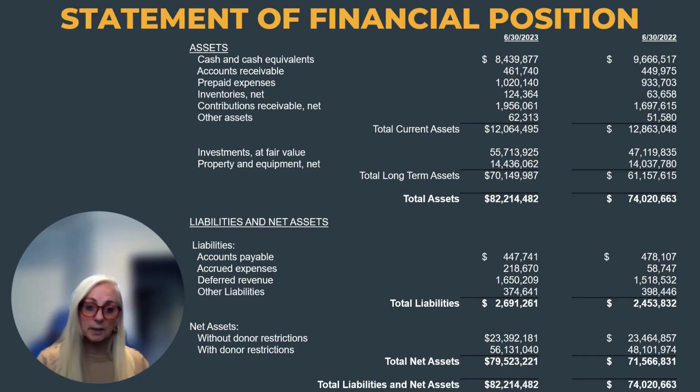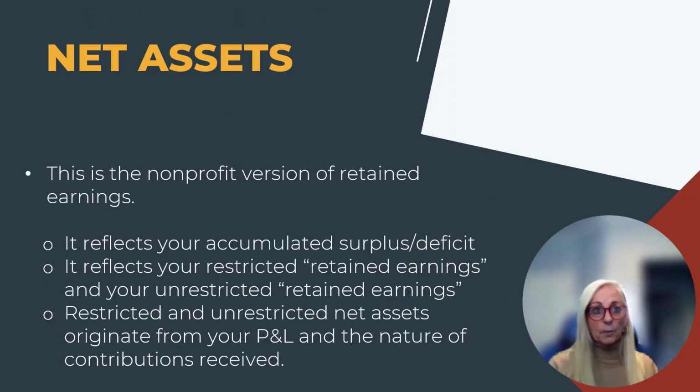The other big difference between not-for-profit and for-profit balance sheet is, again, down in the net assets sections, you can see that it's split between without donor restriction and with donor restriction. This comes from the P&L, and we discussed it in the last video. It's an important enough concept, though, that it warrants going over again in an upcoming slide.